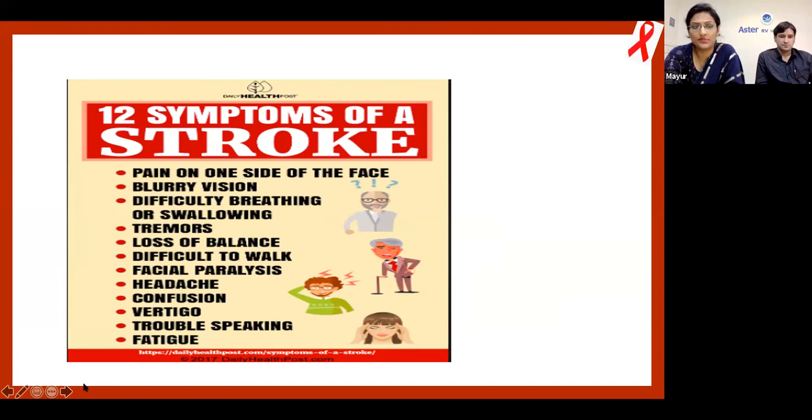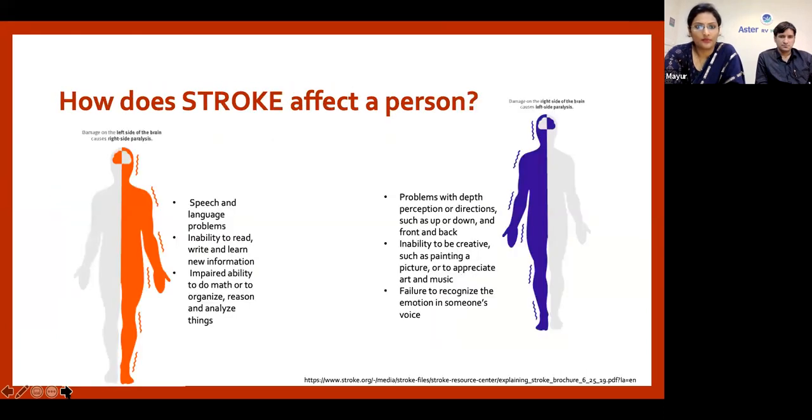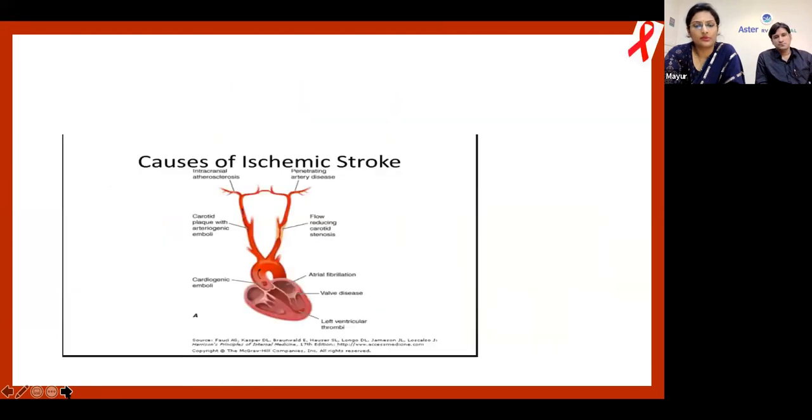Giddiness is a very common symptom of stroke. So these are the various symptoms which everyone should be aware of.